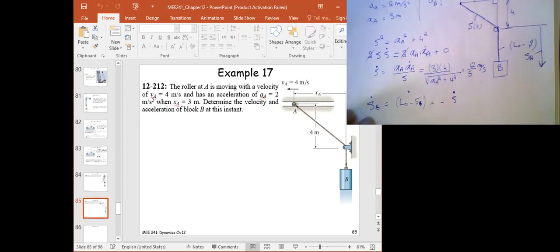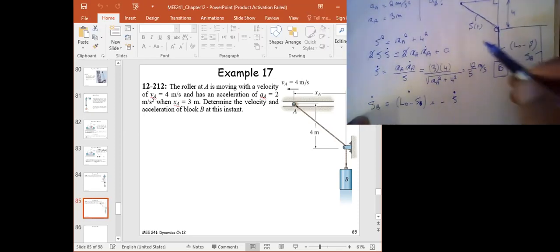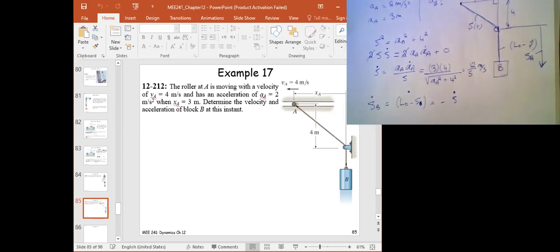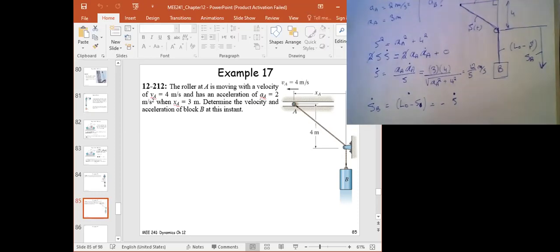Okay. All right, guys. So now let us find the acceleration. How can I find the acceleration? Can someone help me out? If we take the derivative of the second equation, yeah. Bravo, the derivative of our second equation, exactly.